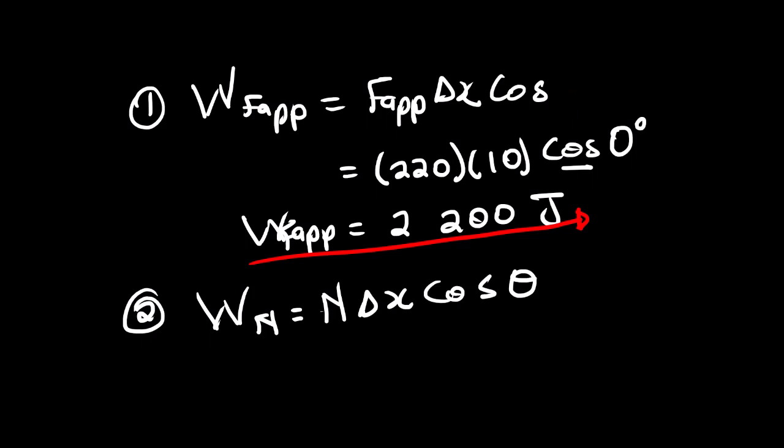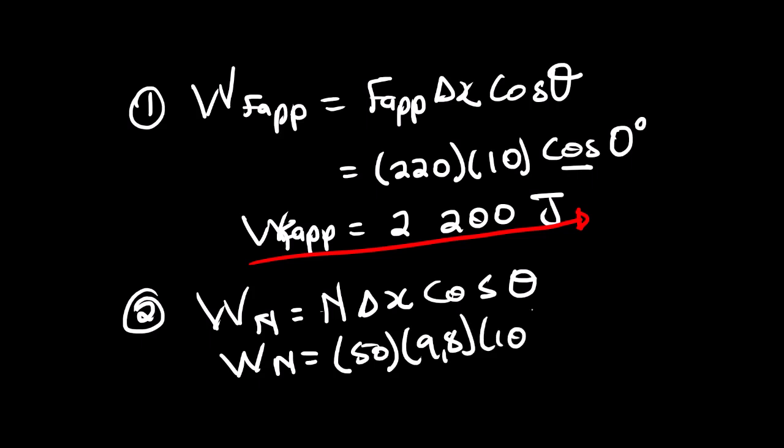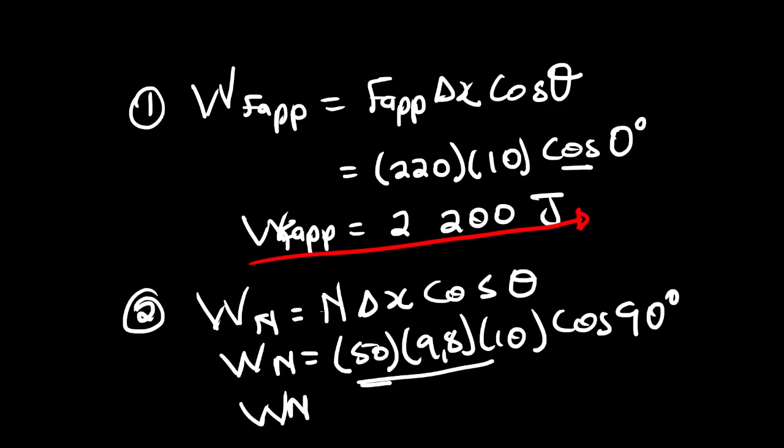Also this one, let me quickly rectify here, put theta here. Then the next step, we can substitute. We know that normal force is mg, so our mass is 50, and then we have 9.8. We have 10 cos 90. Well, we don't have to punch this down. We know that cos 90 is equal to 0. So 0 multiplied by everything will give us 0 joules. I hope you got this one correct also.